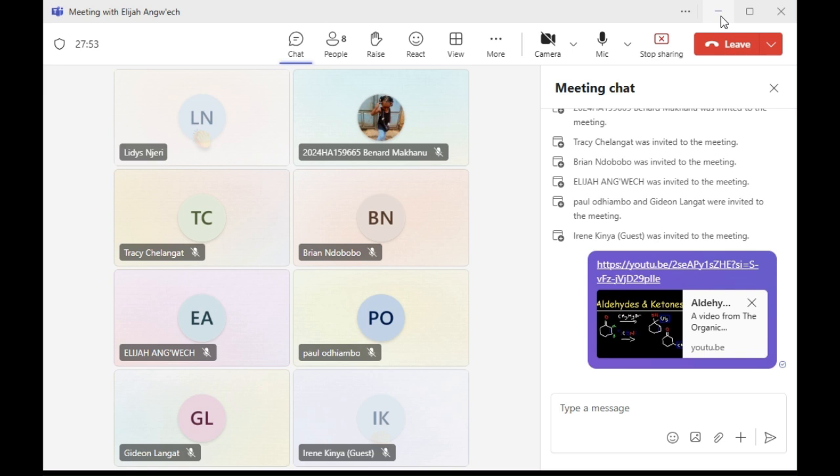One, write the structure of butanol, write the 2,2-pentadione, and many others like those. I will share that and you will do it, and that will be your CAT for this semester.